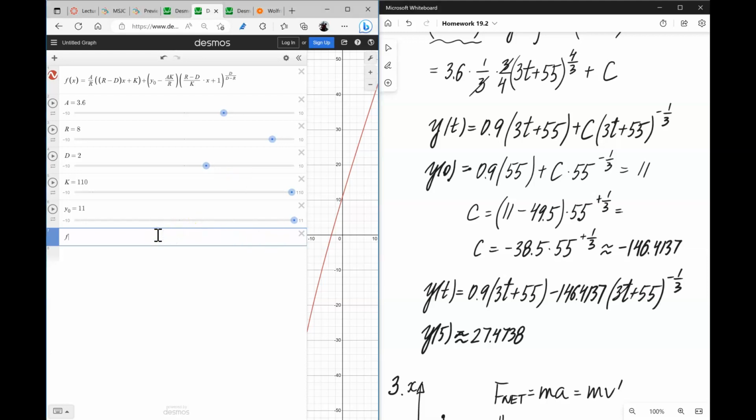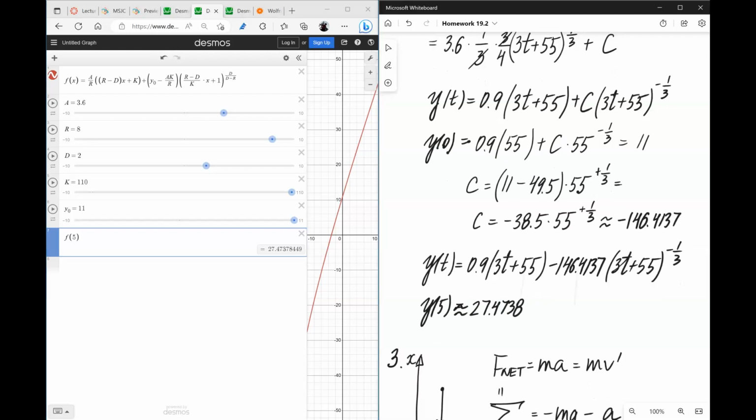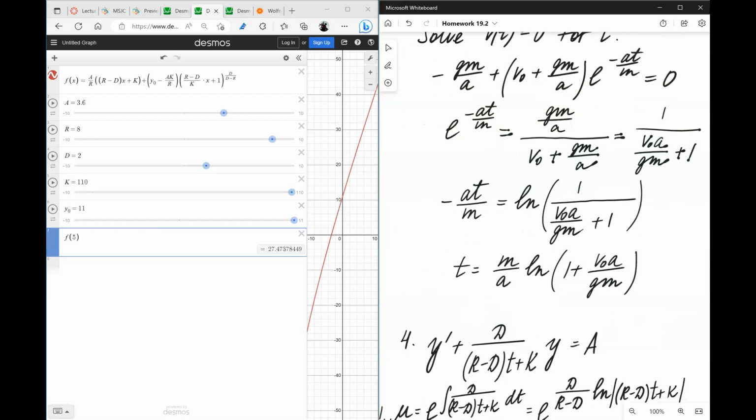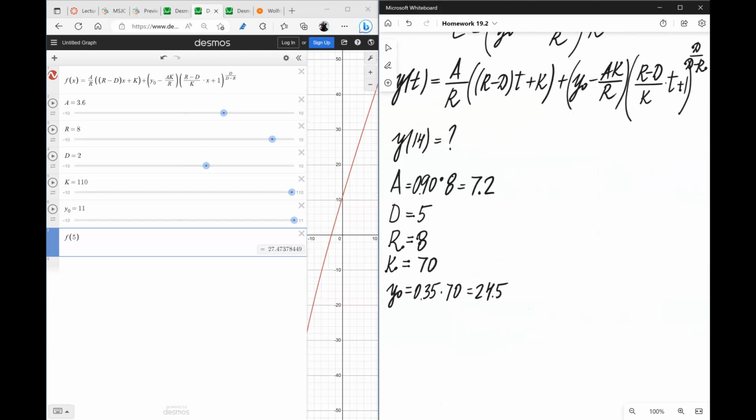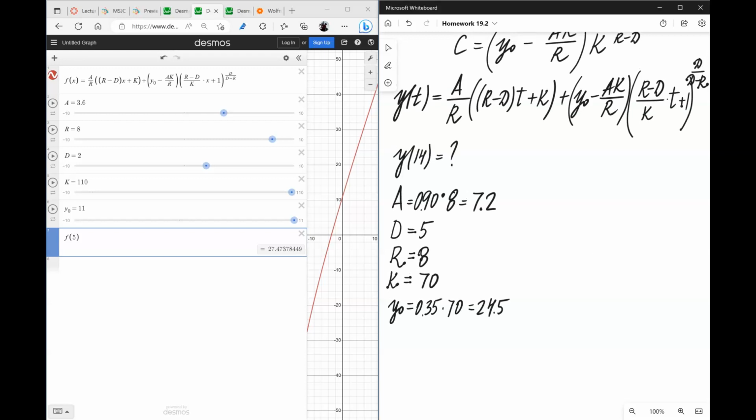Oh, it looks like that would have worked. So now that we know this formula works, well, very likely it works, now we will use it here.